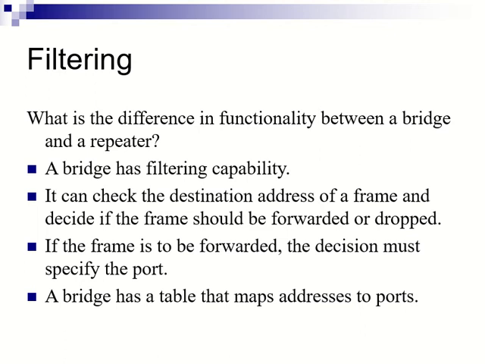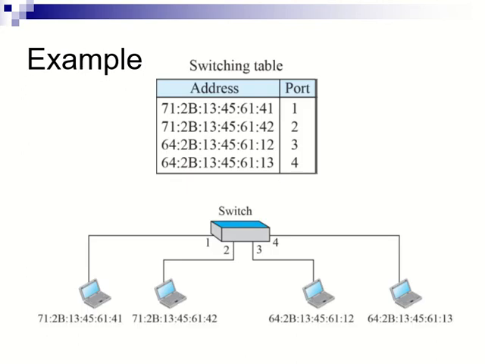Each bridge has a table that maps addresses to ports. Let us see one small example here. We can see a LAN network here in which four devices are connected through a switch, and you can see a switching table there where you have the address as well as the port.